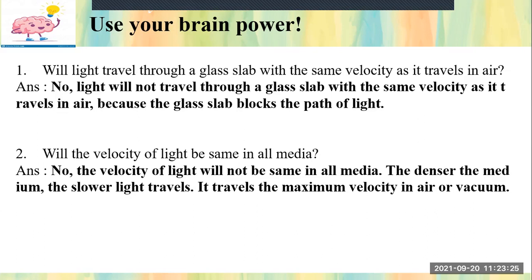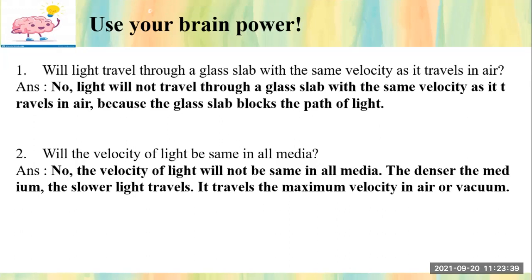Now, students, the second question coming to my mind is: will the velocity of light be the same in all media? Will it be the same, students? Will the velocity of light be the same in all media? No. The velocity of light will not be the same in all media.